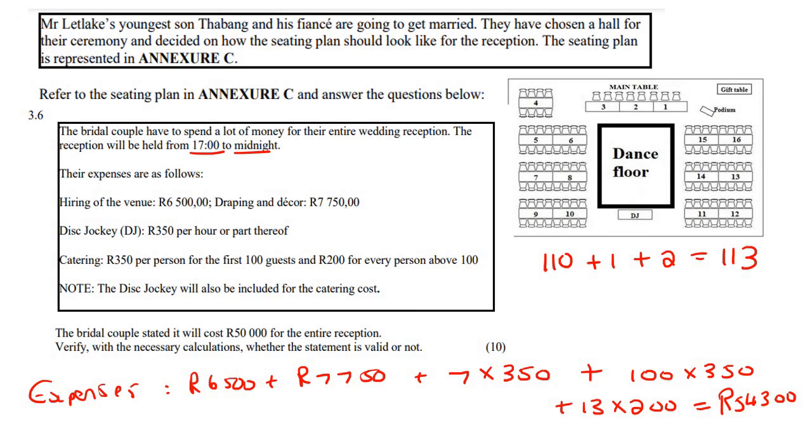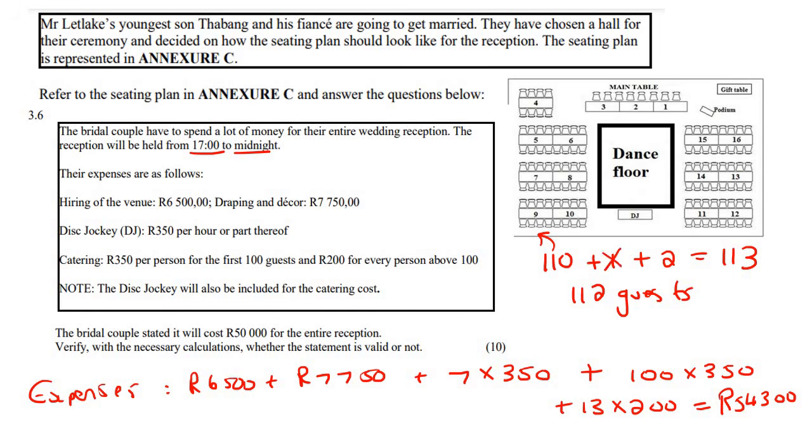Now, on the memo, if you are looking at this as part of an exam paper question, if you do have the memo with you, you'll see that they got a different answer. They said that there is 112 guests, but I can promise you that that is wrong. I went and looked at their memo carefully. We already found out that there was 110 guests earlier. That did not include the DJ, and that did not include the bride and groom.